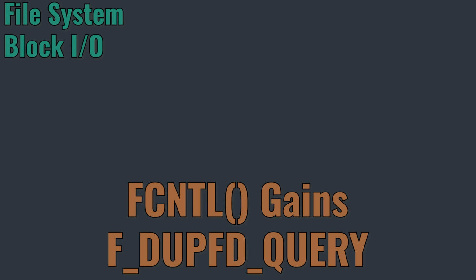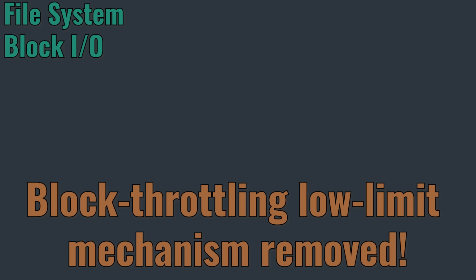Now, we're talking about things that are faster, but some things are put into the kernel to make things slower. We had a block throttling low limit mechanism, a mechanism that is there only to slow down one of your I/O devices. That mechanism has been removed because it was unused since its creation in 2017.